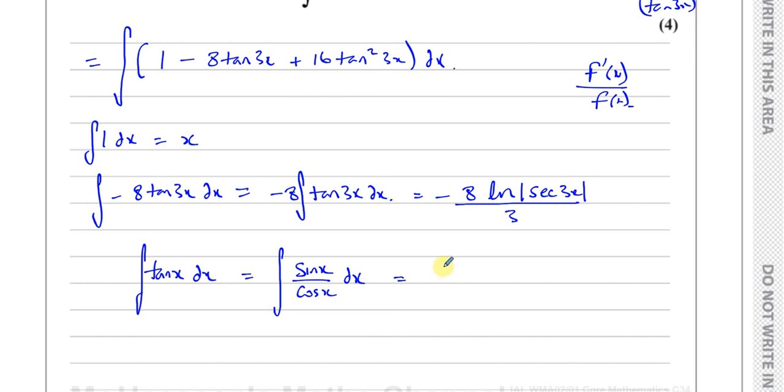So this is going to be sine x times the ln of the modulus of cosine x. The integral of 1 over cosine x is the ln of the modulus of cosine x, divided by the differential of what's inside the function. When you differentiate cosine x, you get minus sine x.